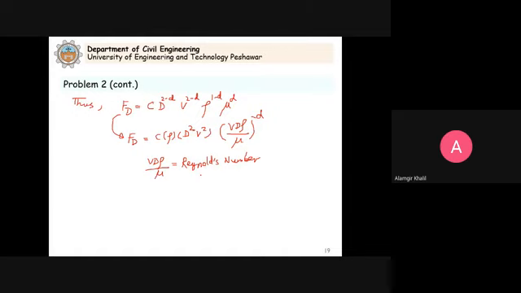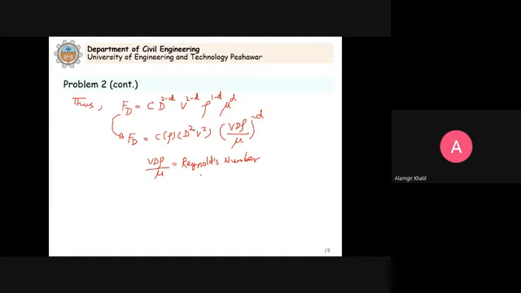So when we solve the similitude problem, you have to identify for similarity laws which number is important: Reynolds number, Froude number, Weber number, Euler number. Now you see that the dimension analysis is telling you which number is important. That's why dimension analysis is a very powerful tool.